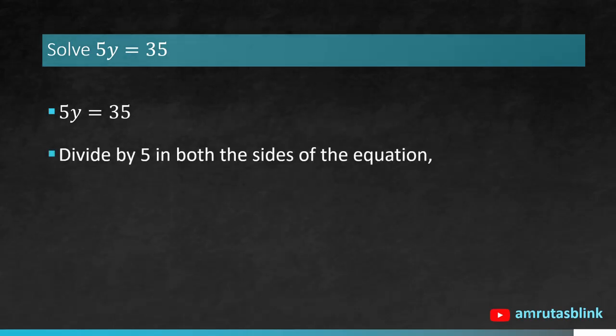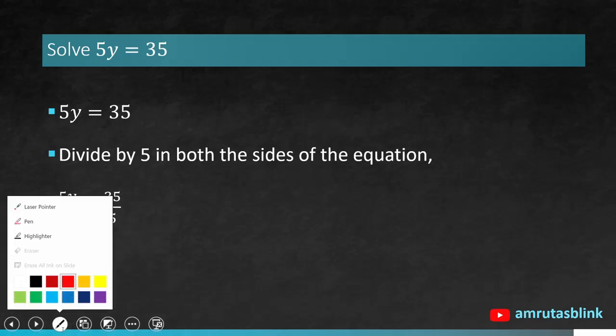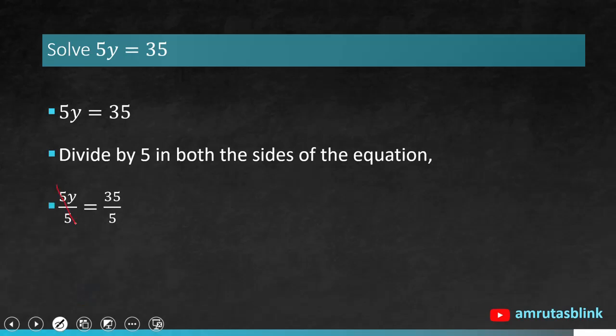So 5y upon 5 is equal to 35 upon 5. This 5 will get cancelled, and 5 ones are 5 and 5 sevens are 35. So y is equal to 7 is our final answer.